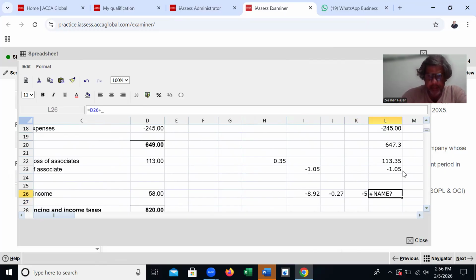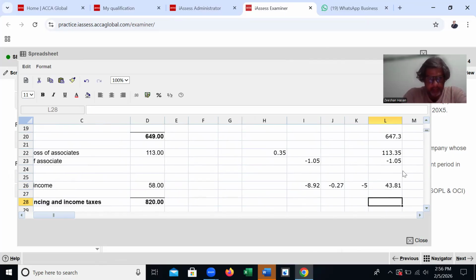So is equal to this plus this plus this. 43.81.